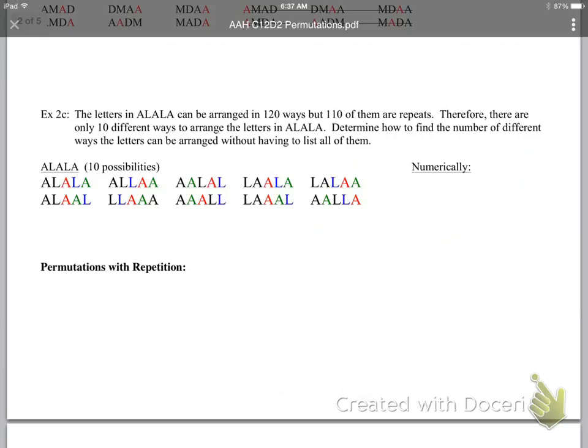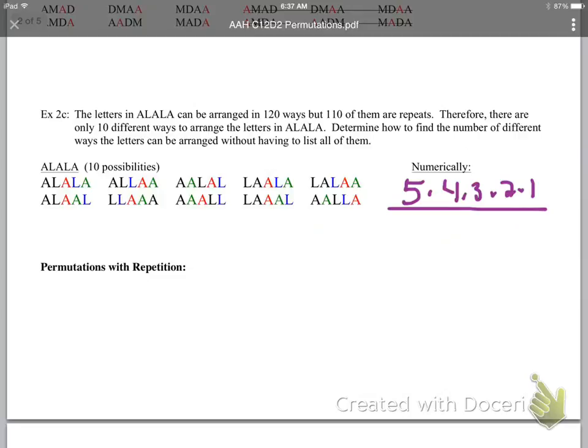Okay, so now we have to add another twist. Now we have these 5 letters. What we would normally do is arrange those 5 times 4 times 3 times 2 times 1 ways. The problem is the L's are repeated and the A's are repeated. So we have to divide, because I tell you there are 10 possibilities.